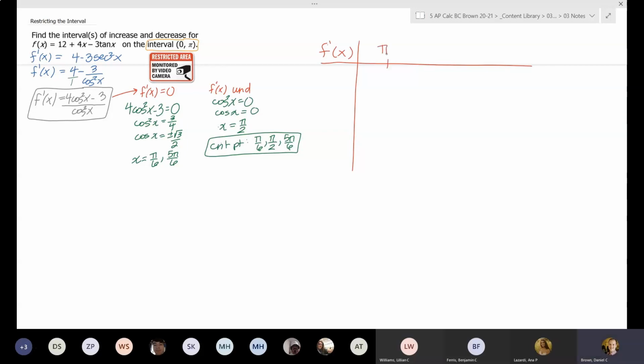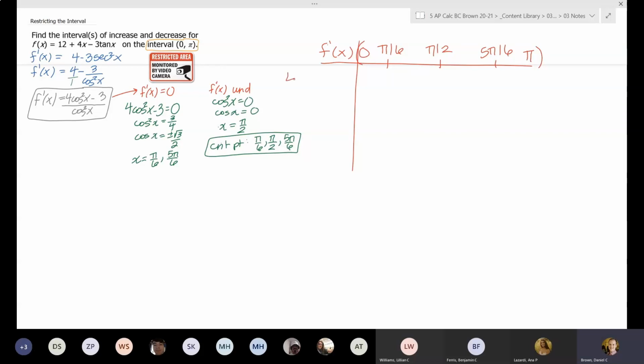Go ahead and put your critical points in order, and they do kind of have to be in order, or your signs can just get messed up. This one is also unique because we're not going to have from negative infinity to positive infinity. I know it's just going from 0 to pi. So I'm just going to put those there to remind me that I'm not going outside that range.